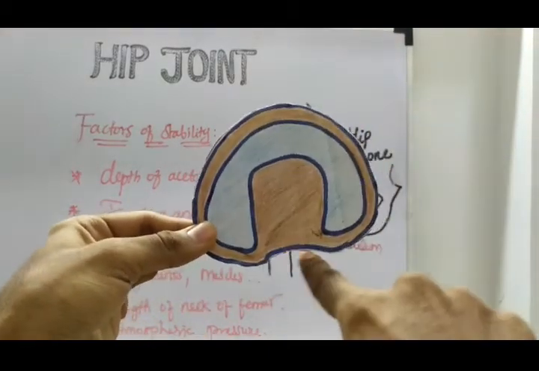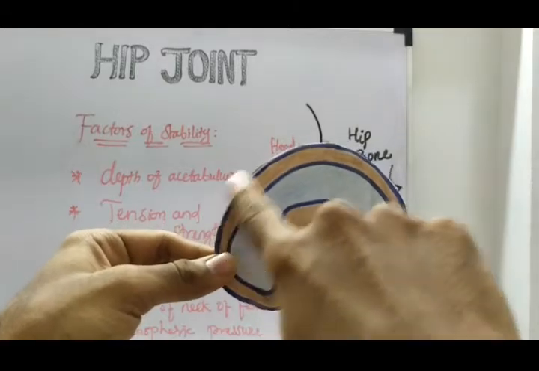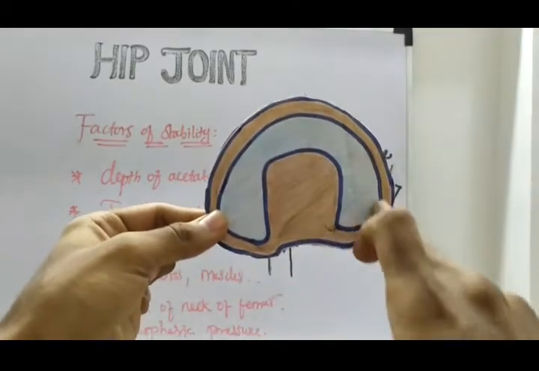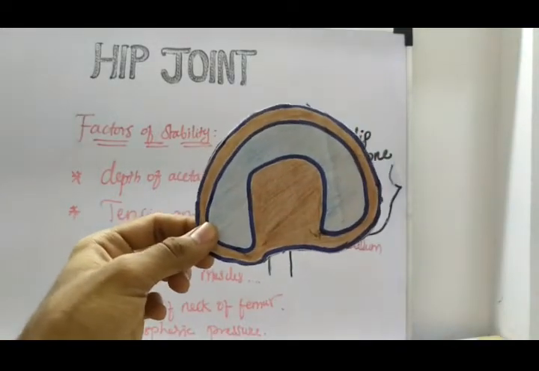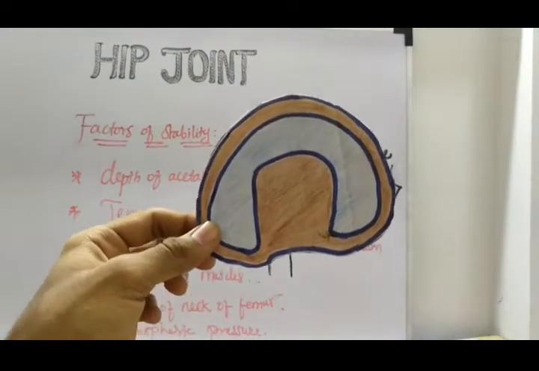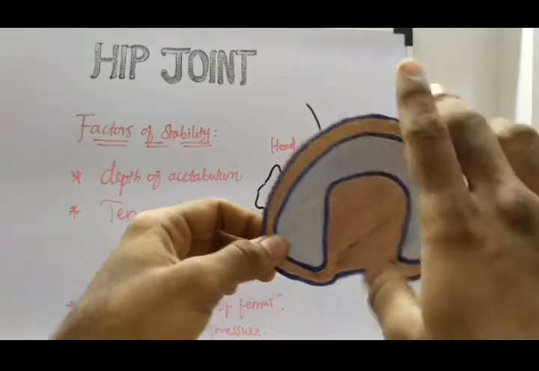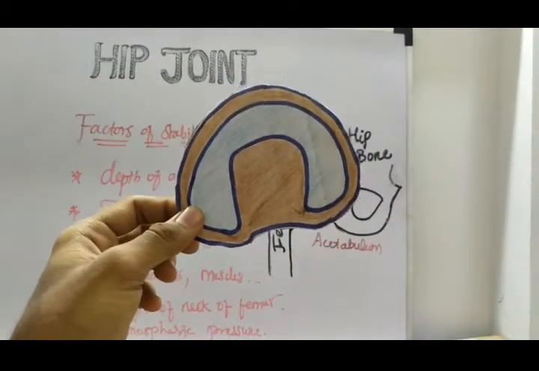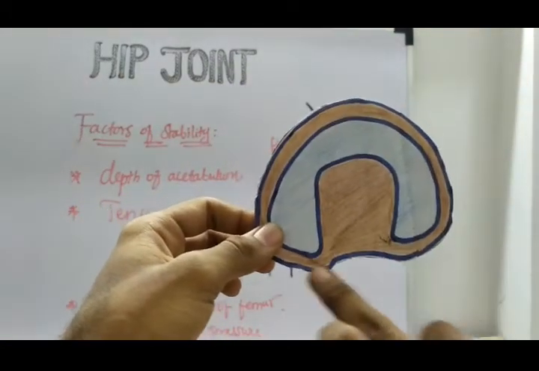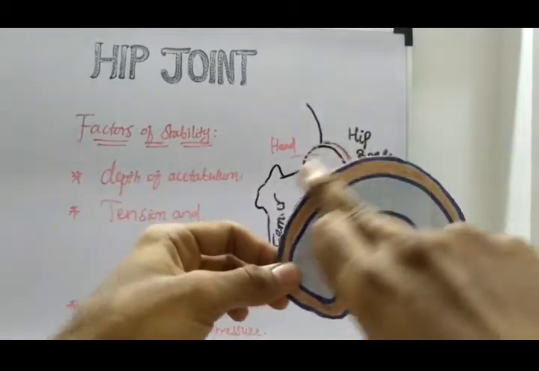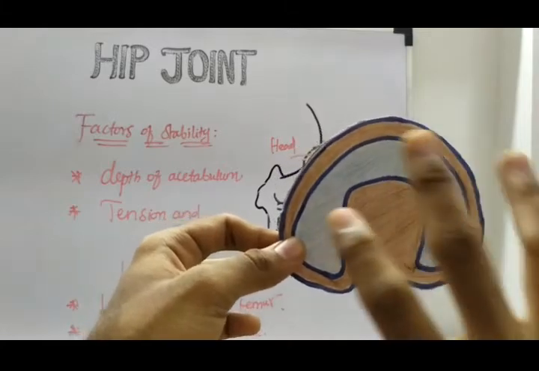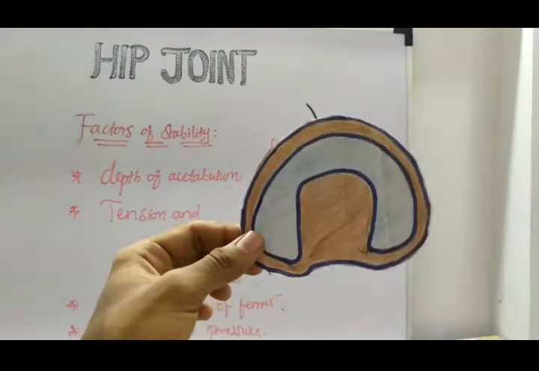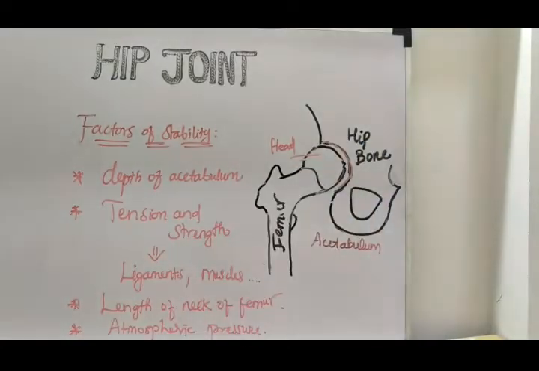And around the periphery of the acetabulum, there will be a fibrocartilaginous rim, which is called the acetabular labrum, like we have in the shoulder joint, as you might have known, the glenoid labrum, right? Likewise, the acetabular labrum will be present around this acetabulum, so that it deepens the acetabulum. It increases the depth of the acetabulum, which is an important factor for the stability.